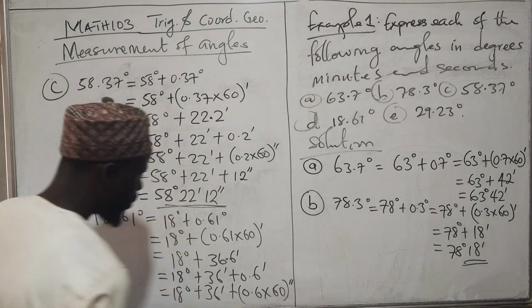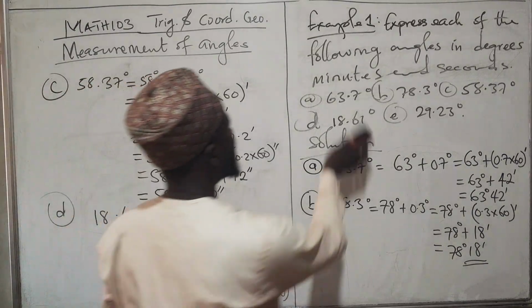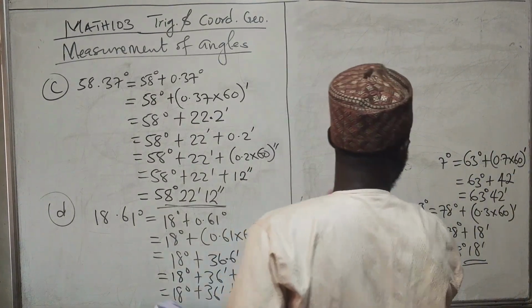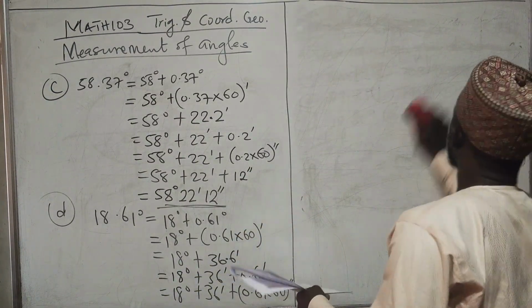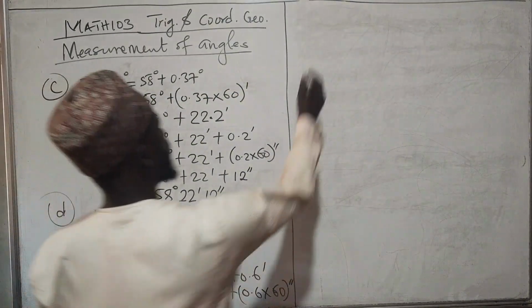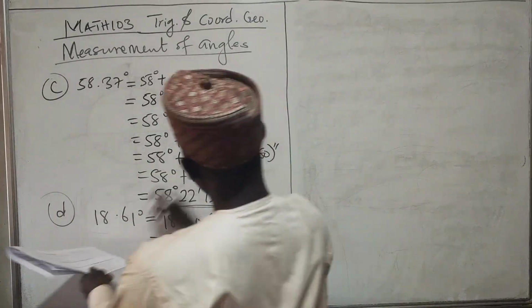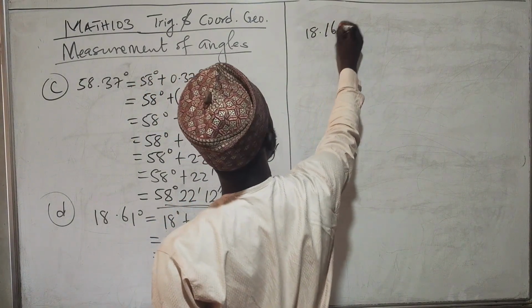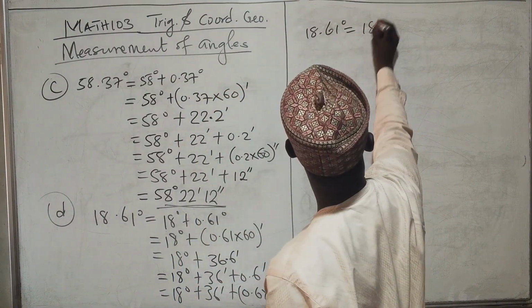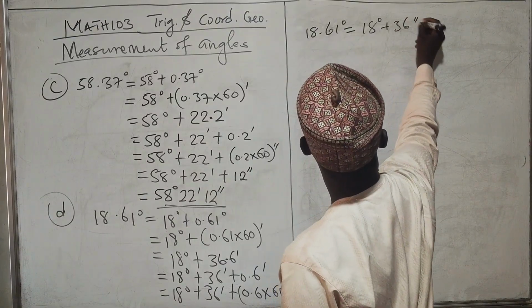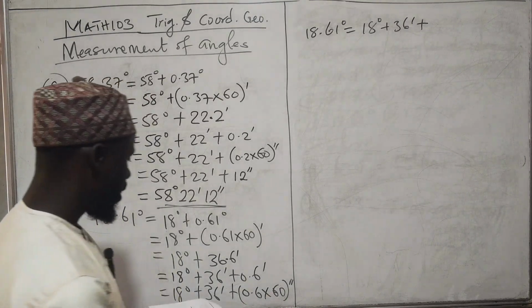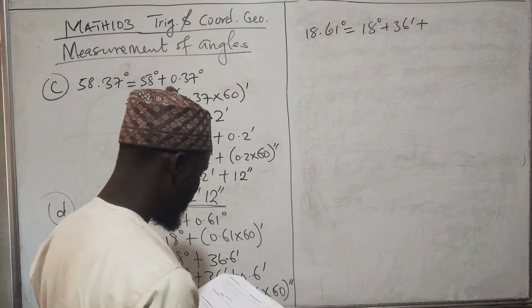Always remember, after converting, don't mistakenly write minutes when you have already multiplied a minute by 60. It has to appear in seconds. So 18.61 degrees is equal to 18 degrees plus 36 minutes, and then plus, after converting to seconds, 36 also.